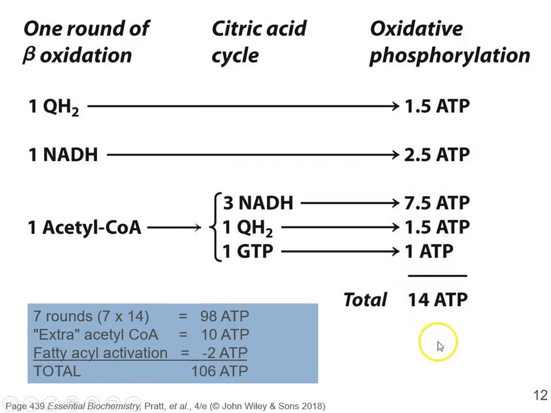So the total that we get per cycle is 14. If we did 7 rounds times 14, that would give us 98. And remember, we get that extra acetyl-CoA in the last round, so that would give us 108. But remember, we spent 2 ATPs to activate the fatty acyl-CoA, so we have to subtract that. So our total is 106 ATP for just one palmitate fatty acid.